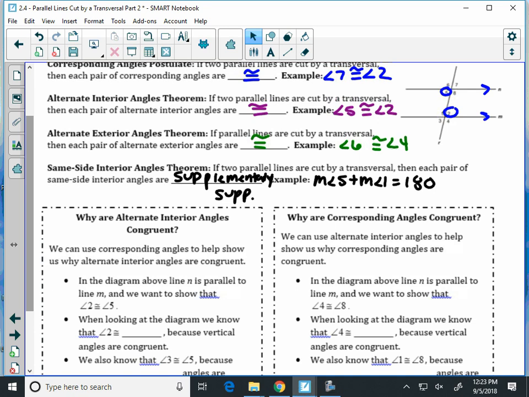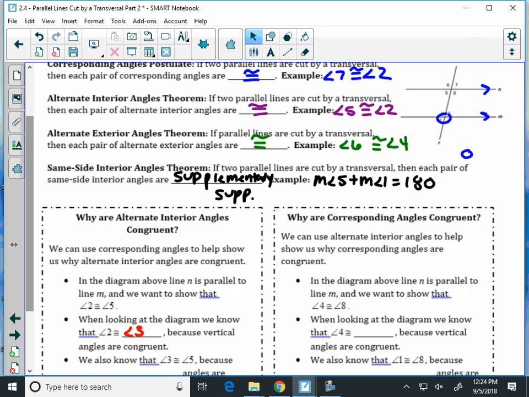I noticed in the diagram that 2 is congruent to blank because vertical angles are congruent. What angle is vertical to 2? 3. We know angle 2 and angle 3 are congruent because vertical angles are congruent.